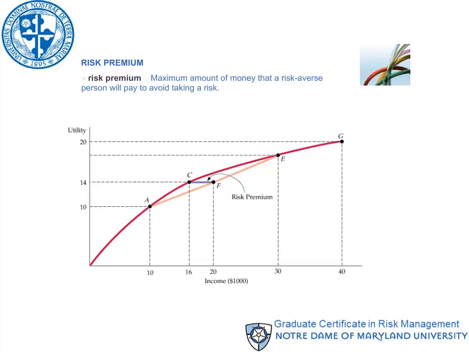Here, the risk premium is $4,000 because a certain income of $16,000, shown at point C, gives her the same expected utility, 14, as the uncertain income, a 0.5 probability of being at point A and a 0.5 probability of being at point E, that has an expected value of $20,000.